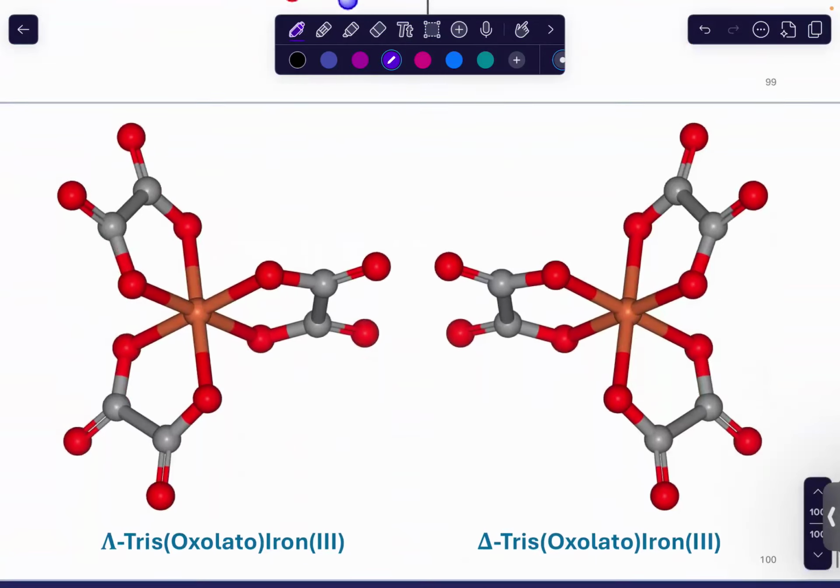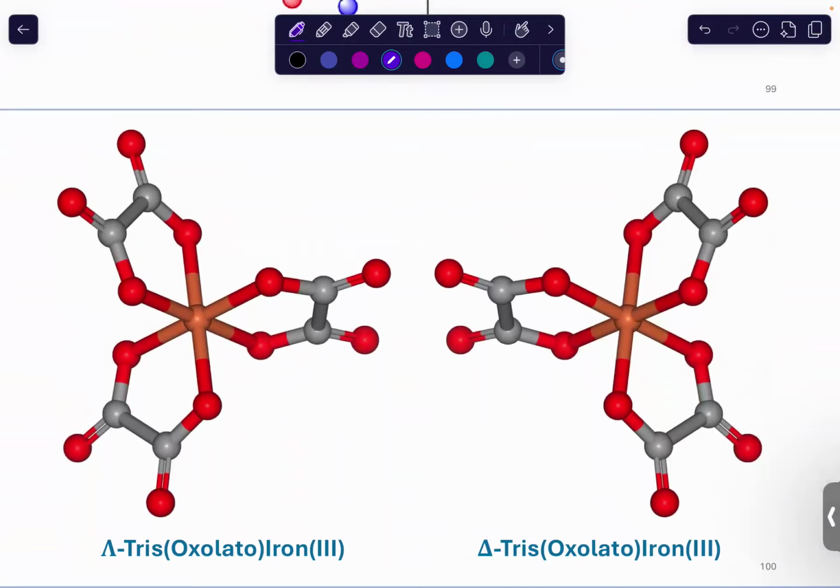Can get harder here. Here's some fun names. Lambda tris oxalato iron 3 and delta tris oxalato iron 3. Lambda and delta. Lambda is a left-handed or anti-clockwise helical twist.